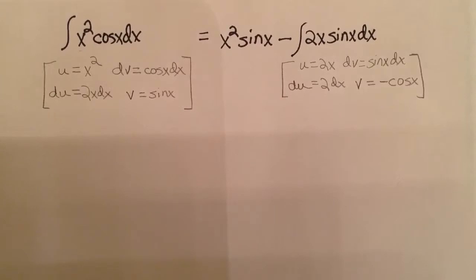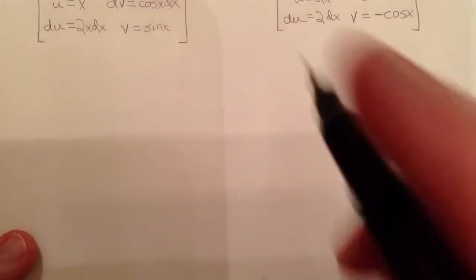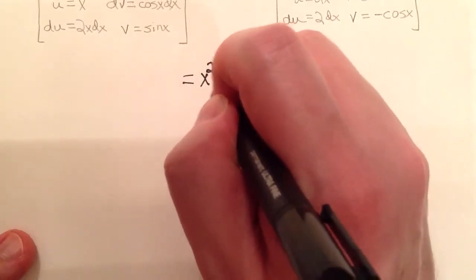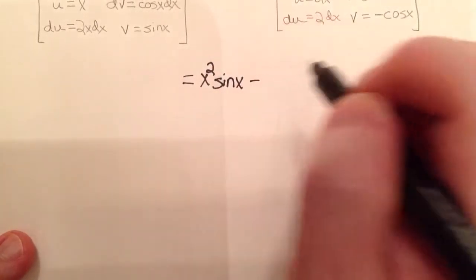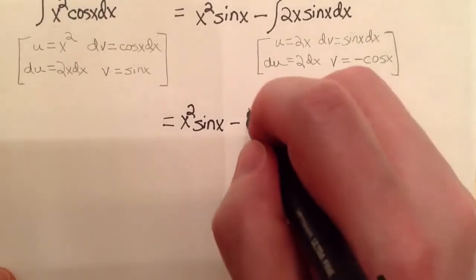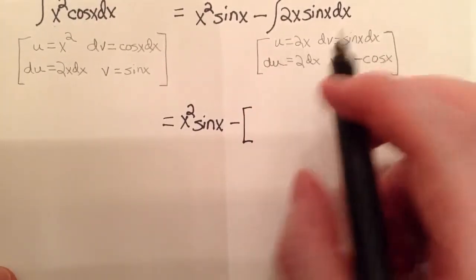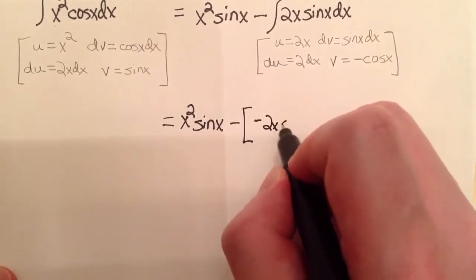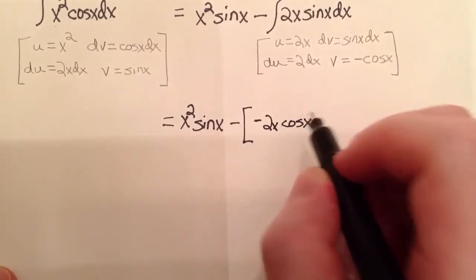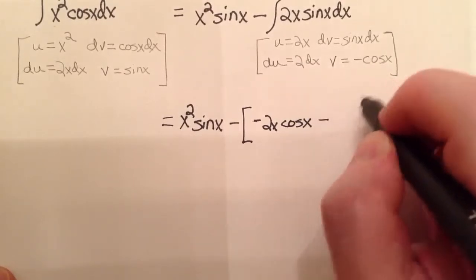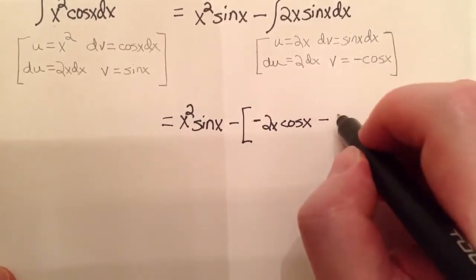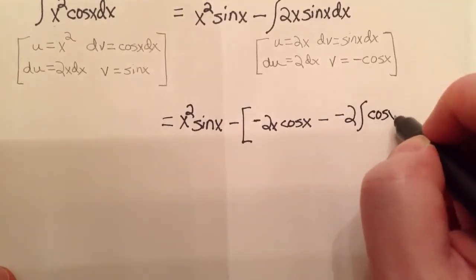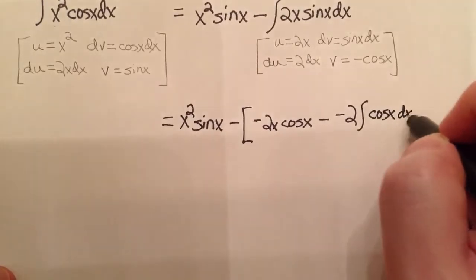And so at this juncture, we have x squared times the sine of x minus, then u times v, so negative 2x times the cosine of x, then minus the integral of v du, so that's going to be a negative 2 times the integral of the cosine of x dx.